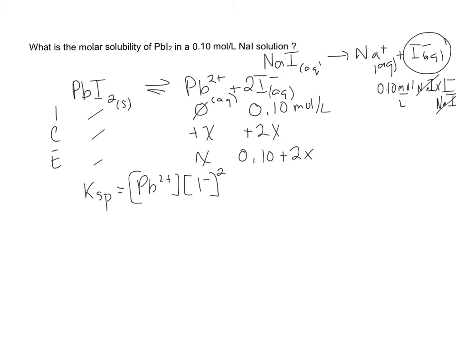Write out your K expression without your values. So then this is x, and this is 0.10 plus 2x, and this will be squared. So this is equal to the same Ksp as we used before.